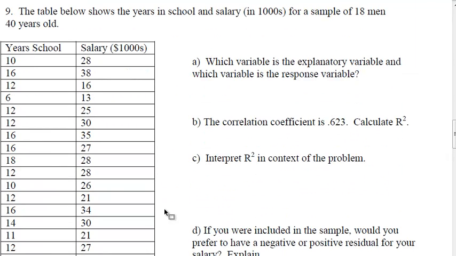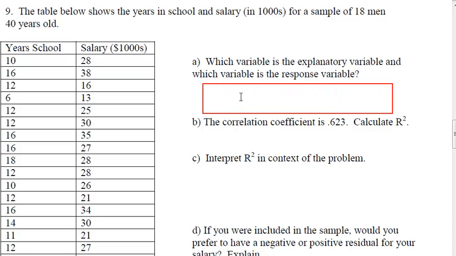Okay, so we have some more regression problems. This one has a table showing a number of years in school and salary. And the first question wants us to identify the explanatory variable and the response. So the explanatory variable always has to come first in time, and then the response variable is in response to a value of the explanatory variable.